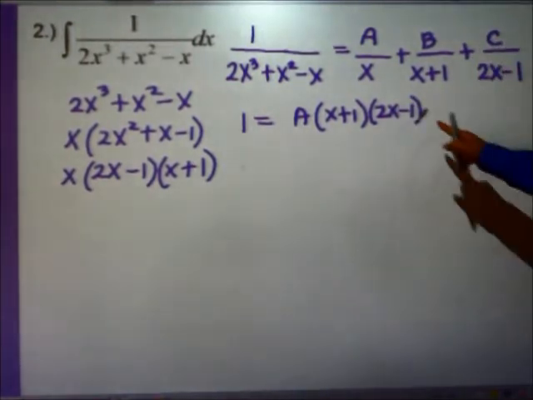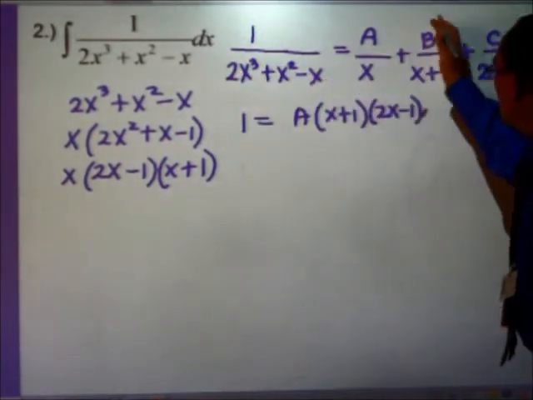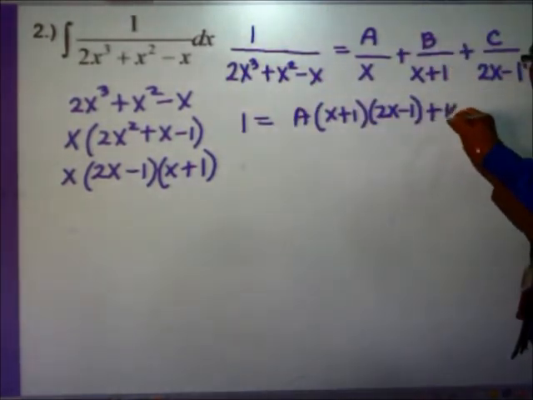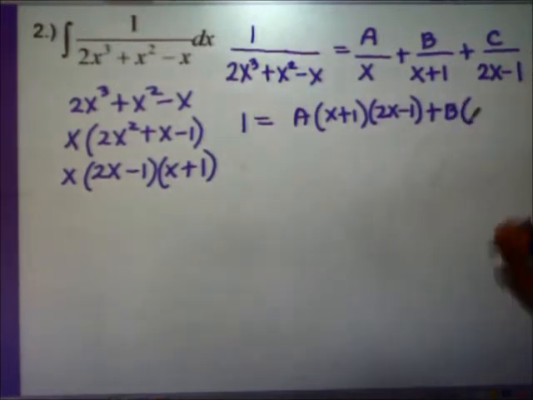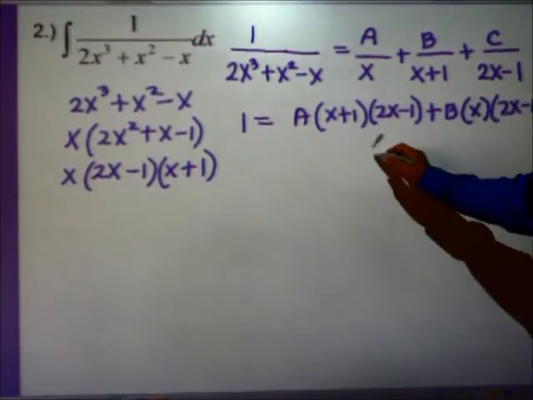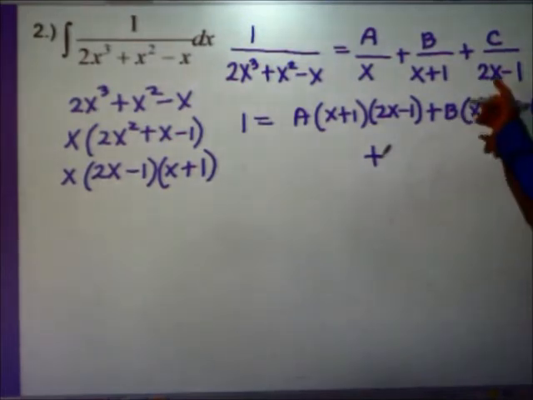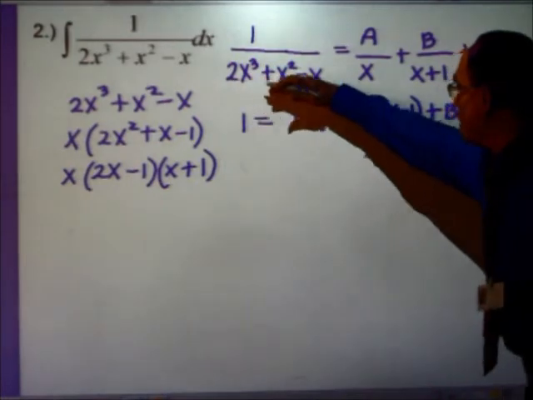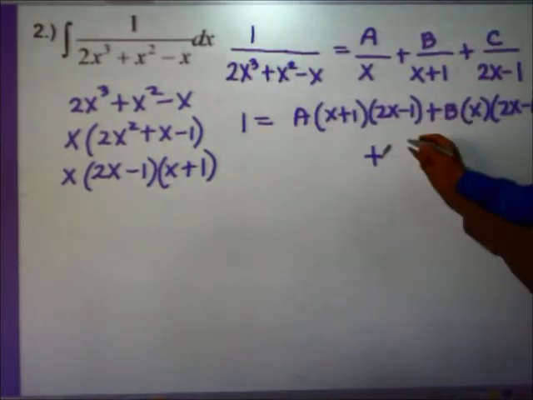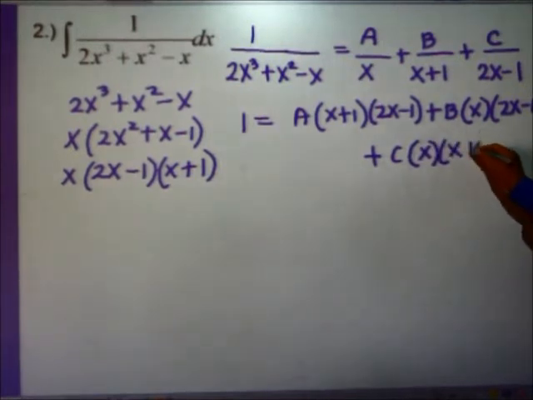And of course, if you multiply the same polynomial to here, you will have b times x times 2x minus 1. When we multiply the same polynomial to here, you will have c times x times x plus 1. Alright?